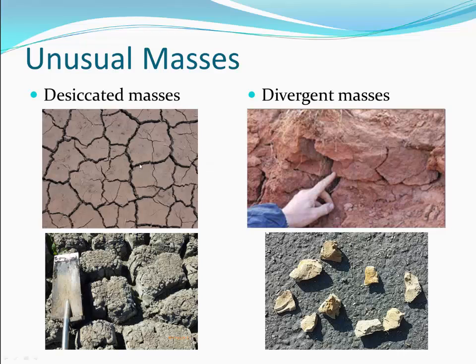Well, here are these unusual desiccated masses, and again, not really soil structure, but it's something that maybe is a precursor to soil structure formation. This is really the bottom of a lake or a pond that has dried out, and you can see the polygons that formed as this began to crack apart.